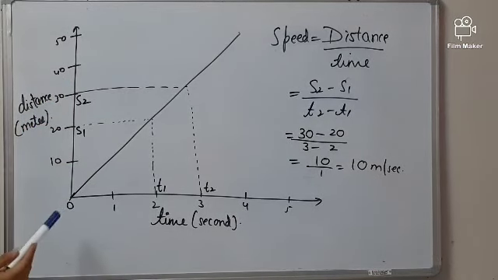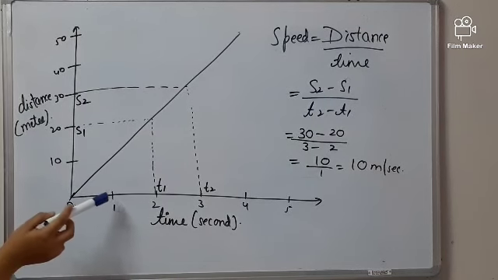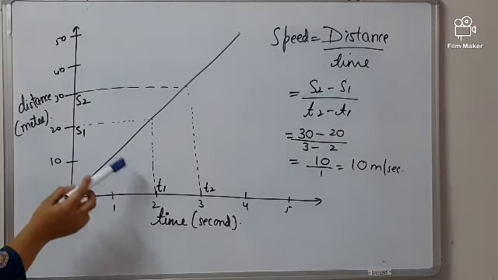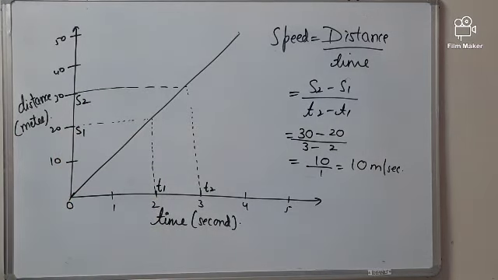Now let's say you have taken this, that at 0 the distance is 0, at 1 second the distance is 10, at 2 seconds the distance is 20, at 3 seconds the distance is 30. So this is uniform motion. You got a straight inclined line.